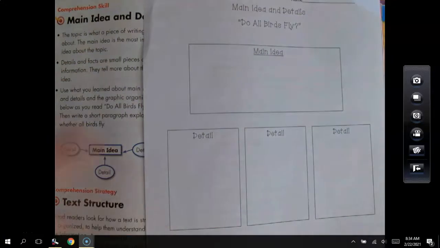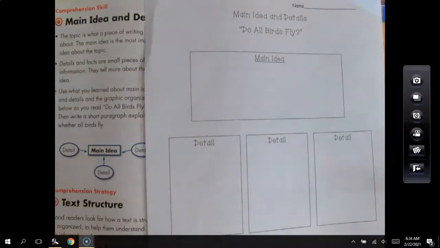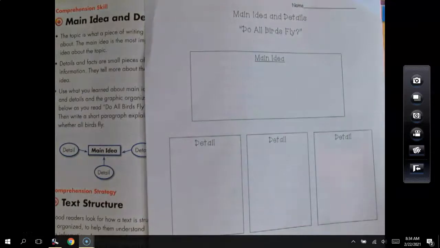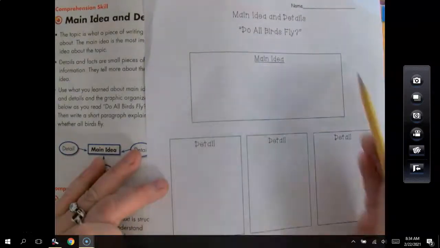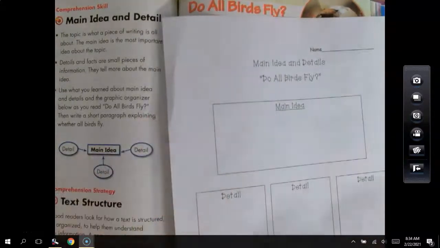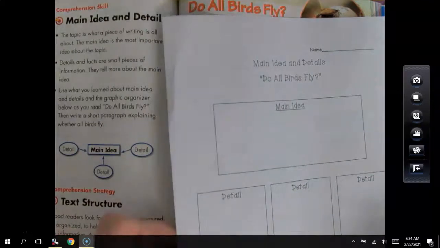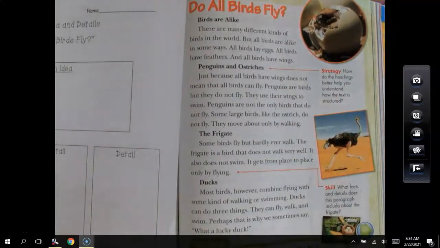Okay, boys and girls, so if you are at school, you have this piece of paper, our graphic organizer about main idea and details, do all birds fly? The first thing that we need to find out is the main idea, okay? So we're asking the question, do all birds fly? Well, if I go back to my story, I know from what I've read that there are many different kinds of birds in the world.